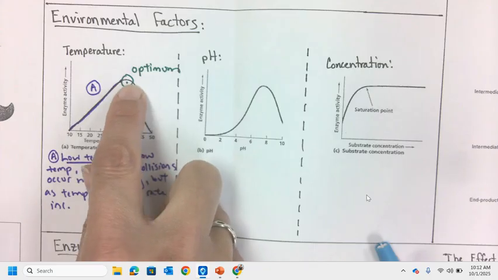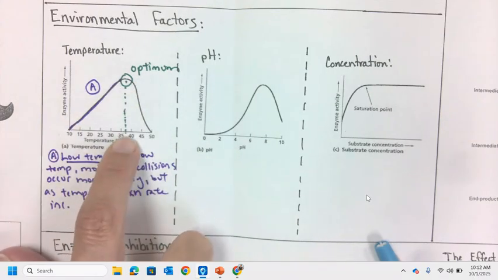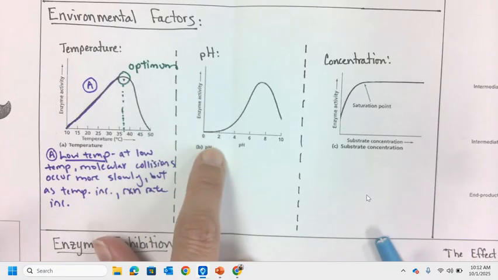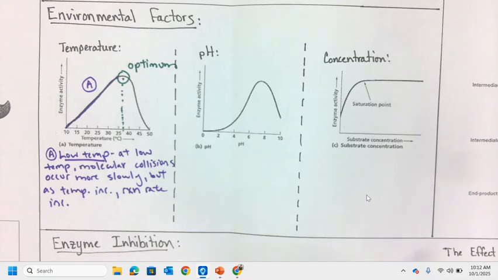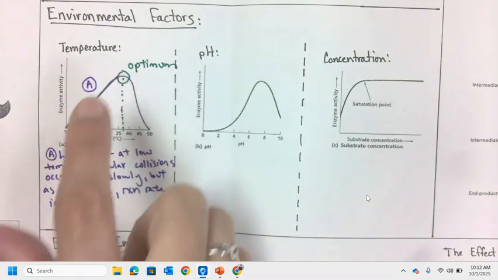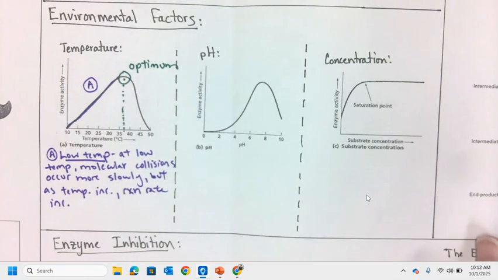But then after our optimum temperature, it would make sense that as temperature continued to increase, reaction rate would continue to increase. However, we have to remember that our enzymes are proteins. And as proteins, they're highly affected by temperature, specifically in their tertiary structure.